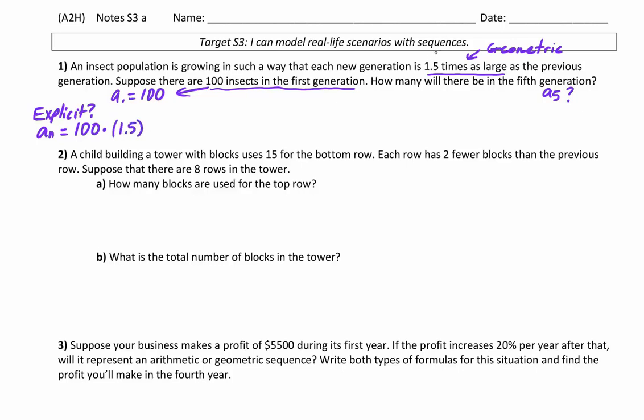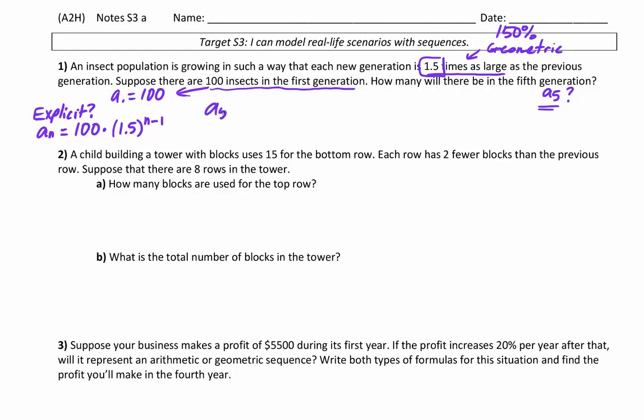This is one thing to note, the same thing as 150%. We're going to get into percentages later today, but 150% is the same value as 1.5, 1.5 times bigger. After that, we need n minus 1 as our exponent, and now that we have the explicit formula all set up, we get to go ahead and test out and find A5.